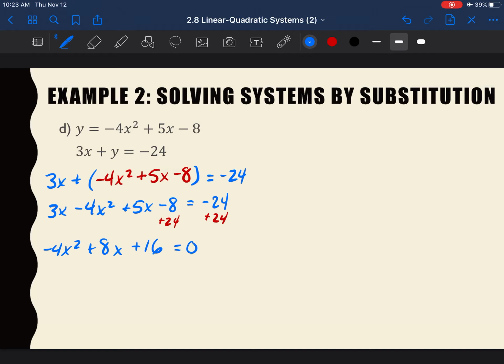So I'm going to divide everything by negative 4 because it's always much easier when the x squared term is positive. I'm doing this really quickly, so hopefully I'm not making any mistakes on this. So x squared minus 2x minus 4 equals 0.